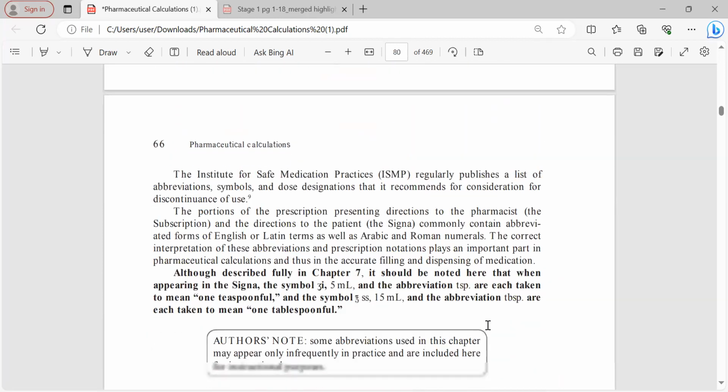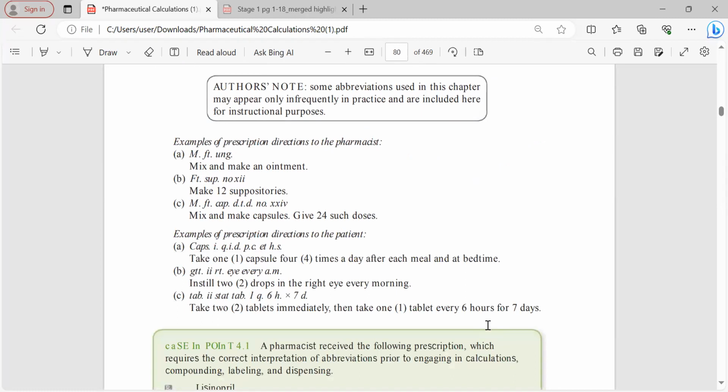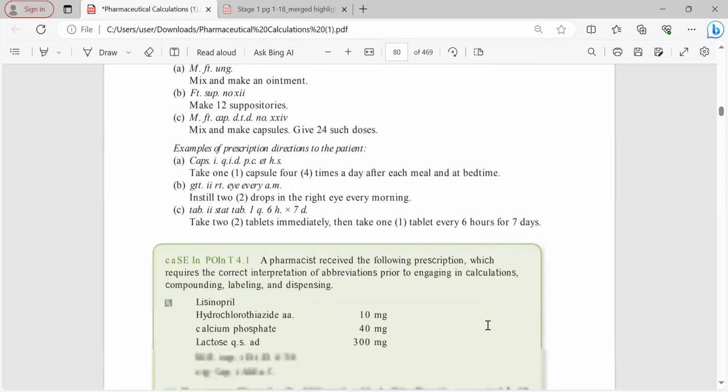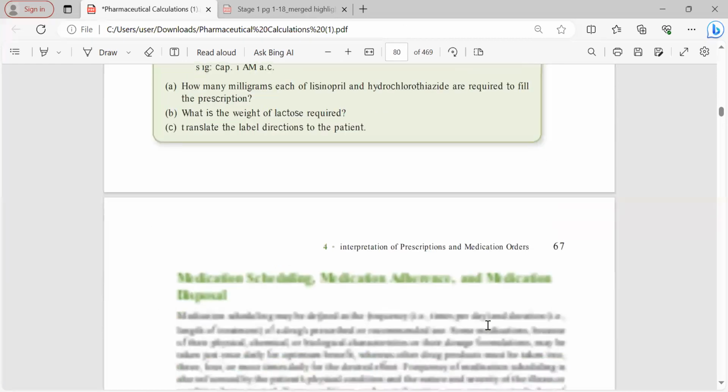So instructions like AU means both ears. AD is right ear. Then AS is left. Okay, let me find another one that has those ones.